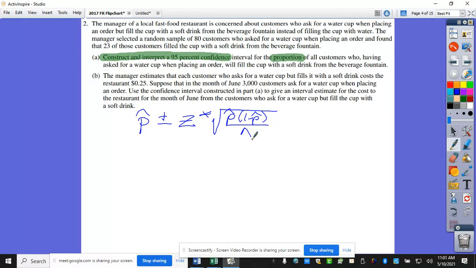I can fill in my numbers there. And again, as I'm reading, I should be doing things like this all the way through. When I plug in my numbers here for A, I would end up getting this.